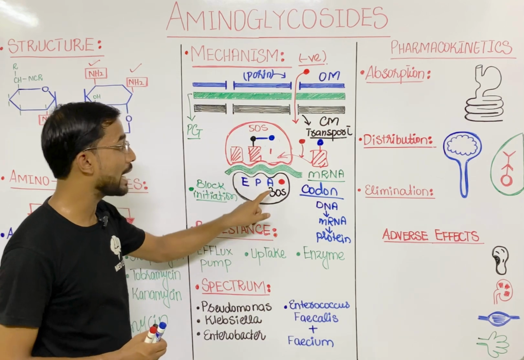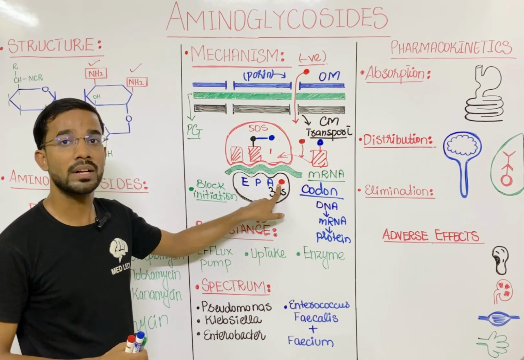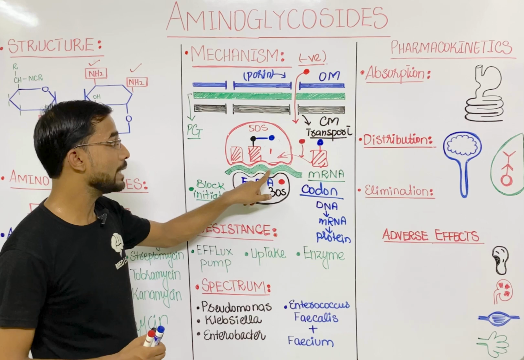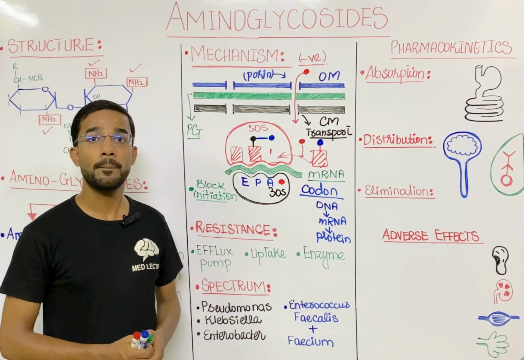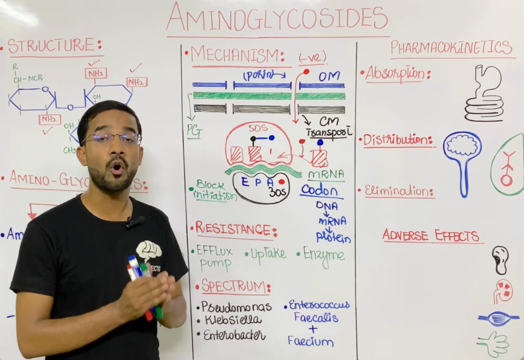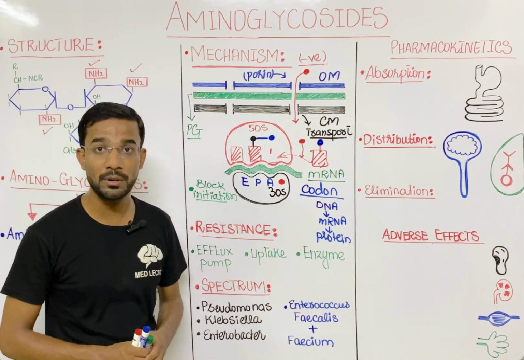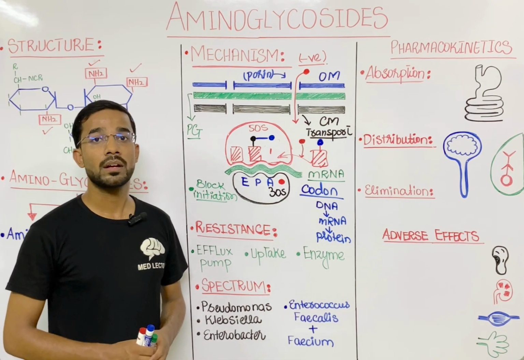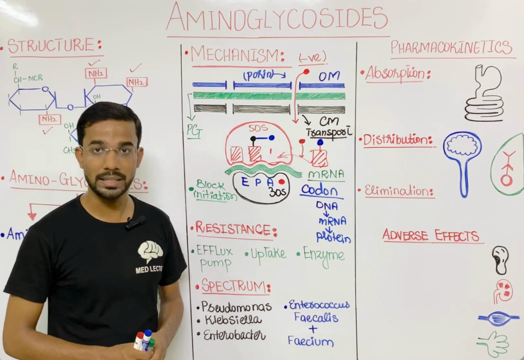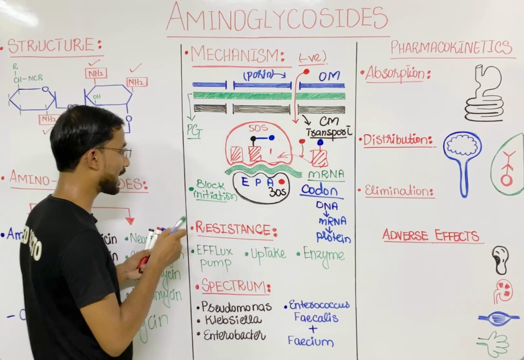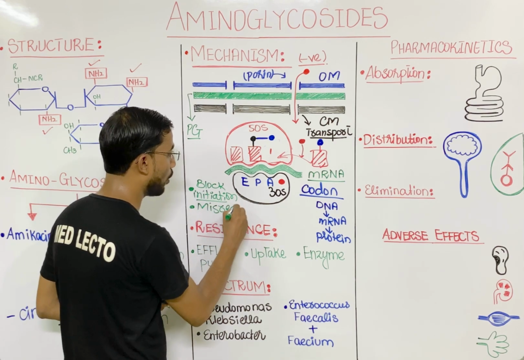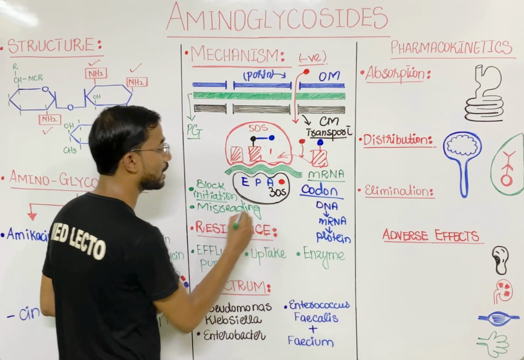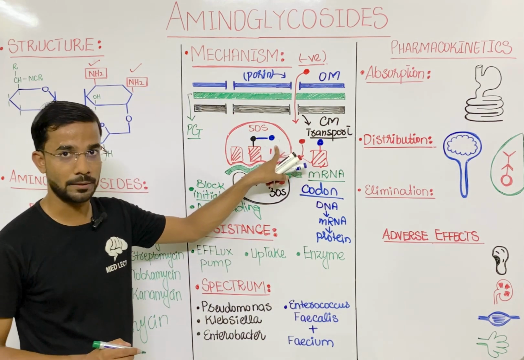So it means that by attaching of the aminoglycosides with the 30S subunit, it actually misreads the codon. It means that a wrong polypeptide or wrong protein will form. That will be the cause of the bacterial death. Okay. So the second mechanism is actually the misreading of the codon, and after misreading, wrong peptide formation at that site.